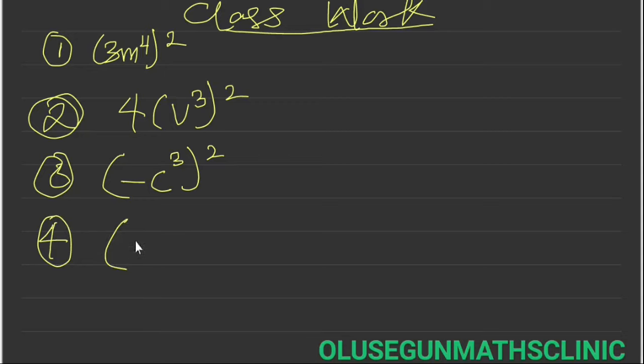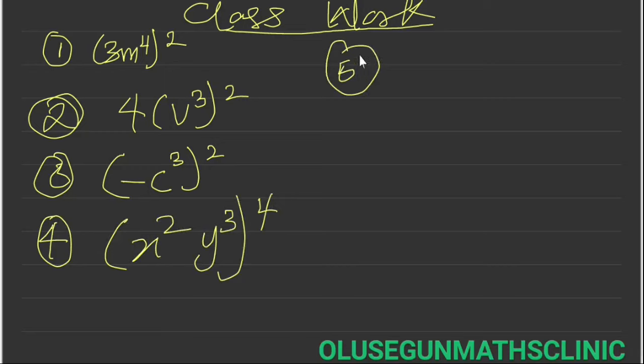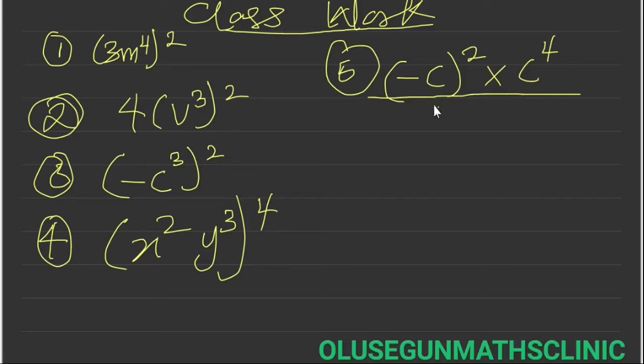4 s squared, all raised to power 3. Let's have like 5 here, minus c squared times c raised to power 4 onto minus c raised to power 5.